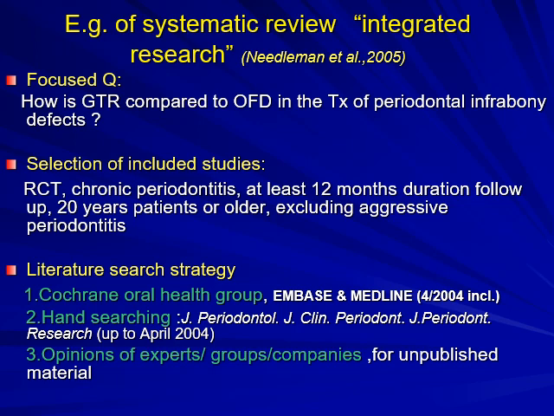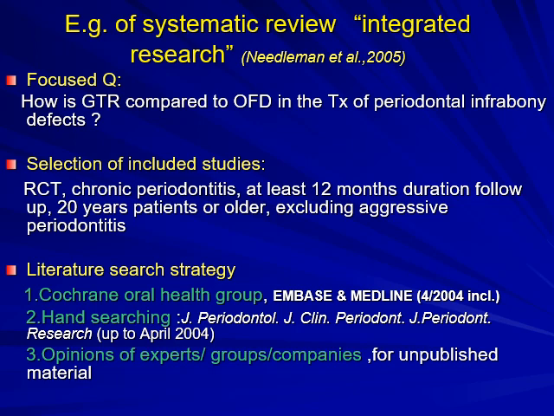Then the patient's age, these are the inclusion criteria, of course, should be 20 years or older. Also, there are exclusion criteria, for example, aggressive periodontitis. Only chronic periodontitis research is needed, but we exclude research that includes aggressive periodontitis. So the selection of studies should be explicit.